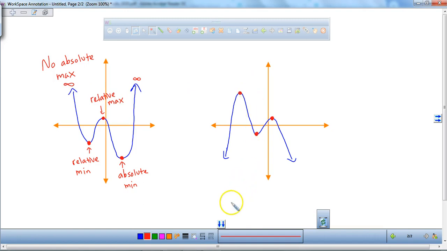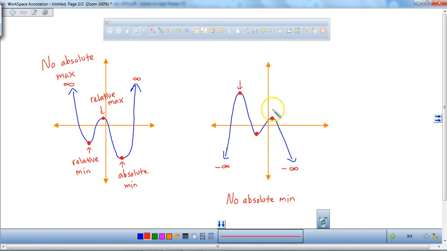Now over here, I'm going to put there is no absolute minimum. My apologies for my handwriting. All right, so no absolute minimum, because technically, either way, on the left end of the behavior or the right end of the behavior, it's still traveling to negative infinity.